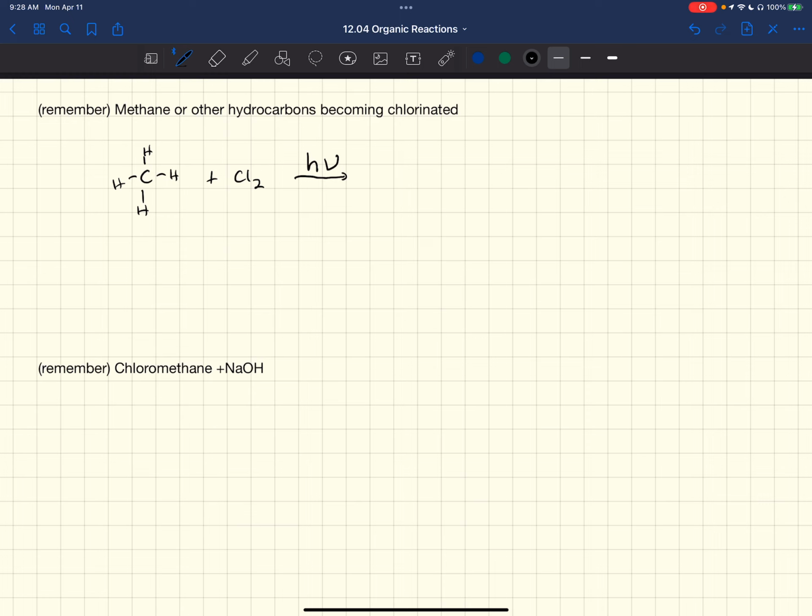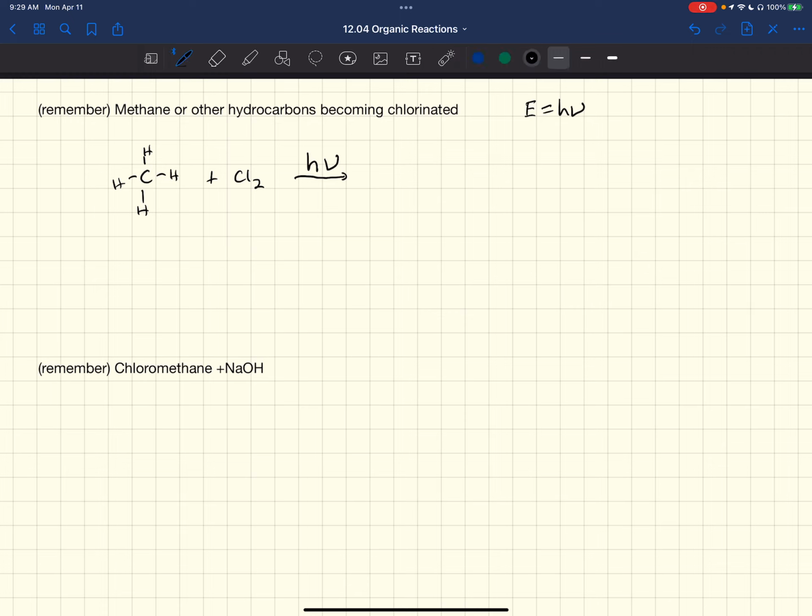And you remember the energy of light, of electromagnetic radiation, from way back in chapter 3, I think. Energy equals Planck's constant times the frequency. So this is our way of saying we're going to shine some electromagnetic radiation onto this reaction as it's happening.